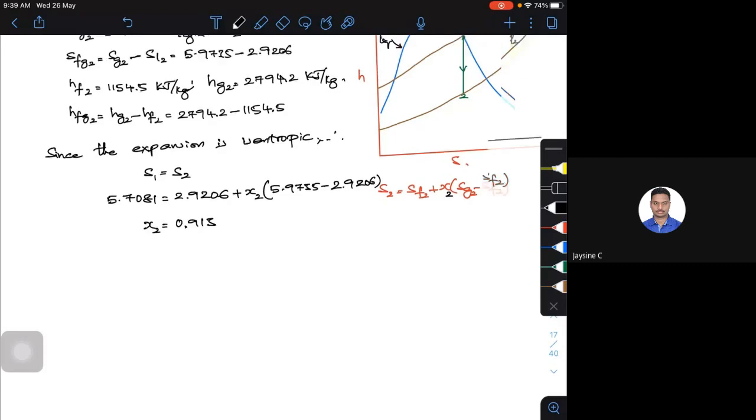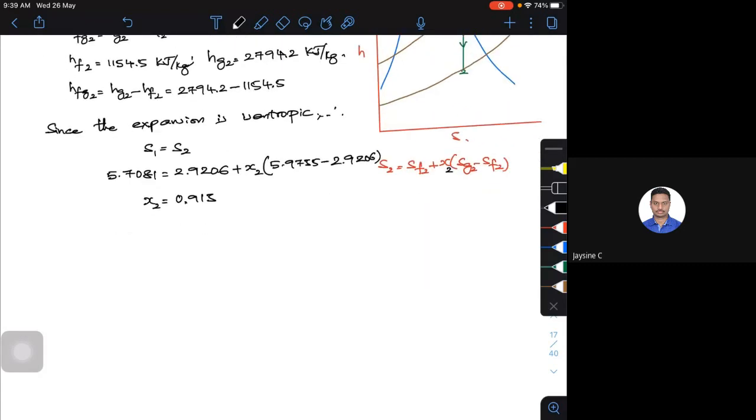I don't know the value of H2. So enthalpy at 2, that is, your H2 is equal to Hf2 plus x2 into Hg2 minus Hf2. So what is your Hf2?